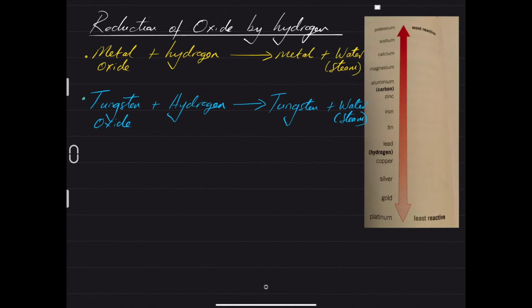So just bear that in mind. There was one question I've seen where they've asked why this is a better process, and you would have to recall that reduction by hydrogen gives rise to water or steam, as opposed to carbon dioxide. They're just testing your knowledge of the end product.